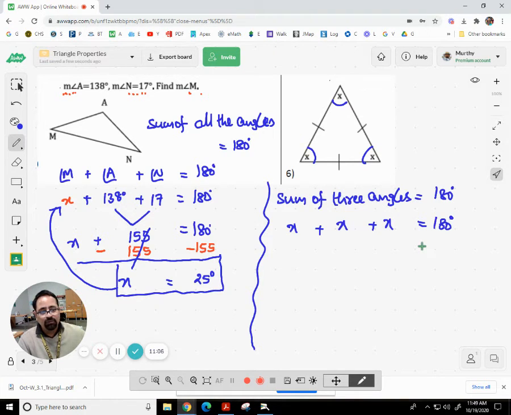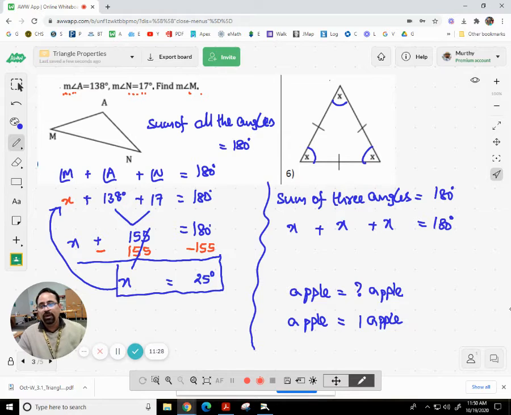How? For example, if I ask you, apple means how many apples are there? Obviously one apple, right? So apple means one apple. Agreed?